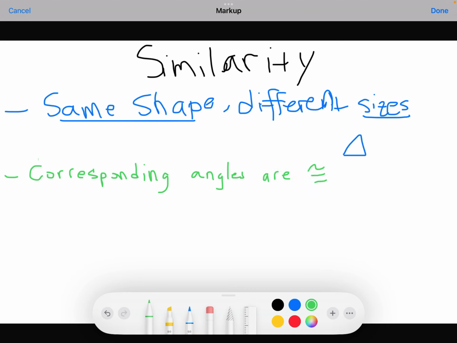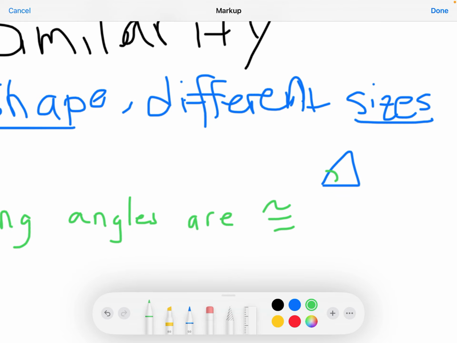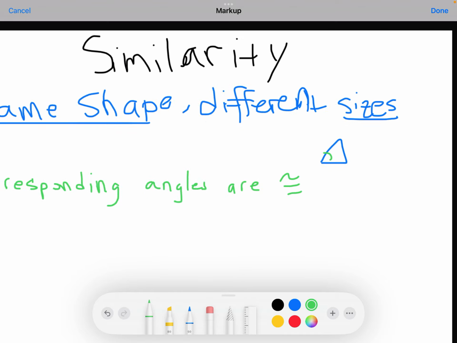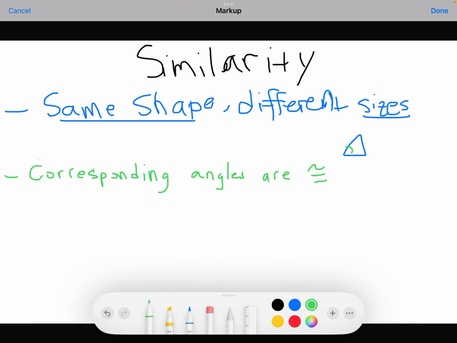If I take this triangle that I drew over here, even if I zoom it in, the angle size is still the same, right? It's a bigger triangle than it is from over here, but the angle size doesn't change. So the angles between similar objects will be the same as long as they are the corresponding angle, right? The same position on the shape.